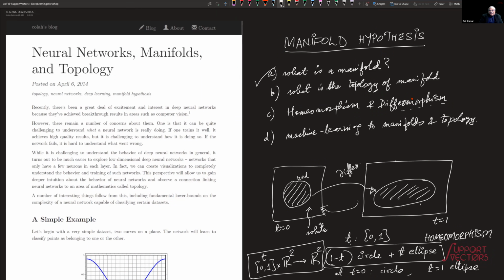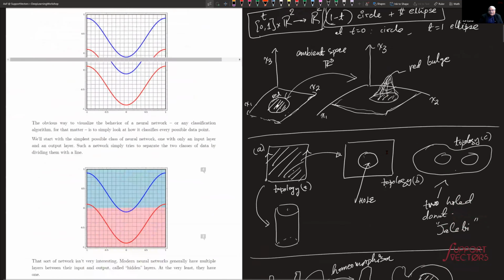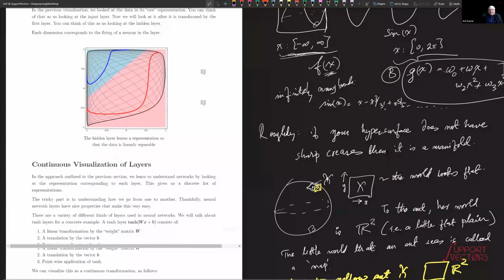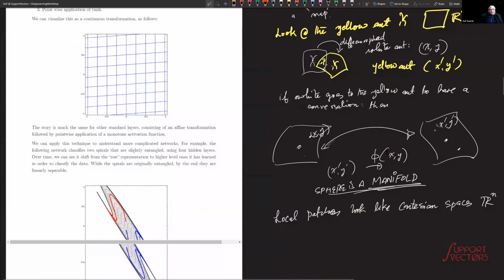Okay, so I'm saying that a manifold is something whose local patches, on which if you put tiny ants, to each ant her world will look flat. For example, on a sphere, R^2, local regions look flat, i.e. they look like Cartesian space.